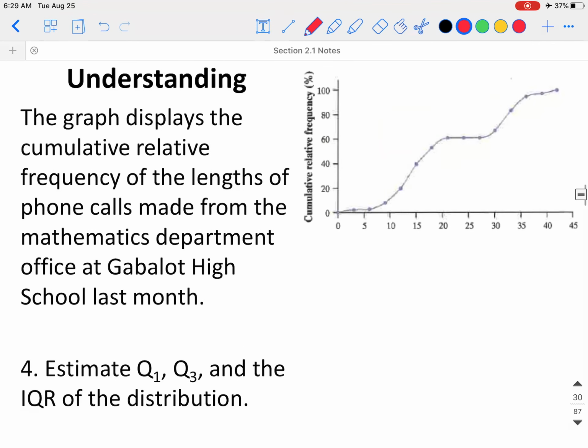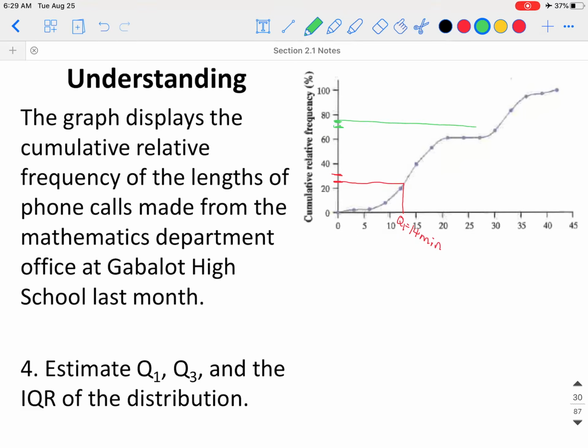We need to estimate the Q1, Q3, and find the IQR. Now, as we just previously stated, the Q1 is at the 25th percentile. So if we go over from the 25th percentile, go down, the Q1 is at around the 14-minute mark. And our Q3 is at 75%.